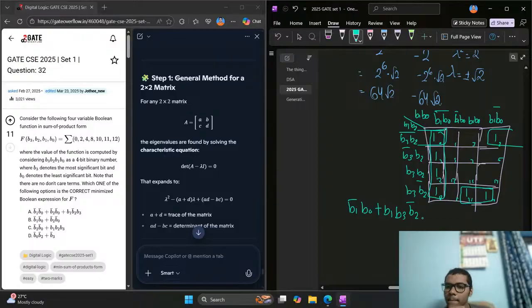Wow. And B1 bar cancels out and B0 bar. Oh, what? B0 bar, wait over.